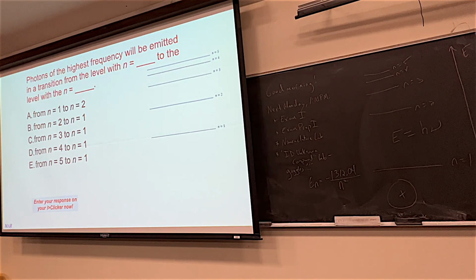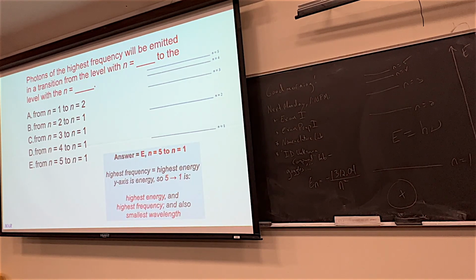You want the biggest energy gap. And of those, the 5 to 1 is the biggest arrow. Going from here to here would be the biggest arrow, all right? That's the biggest delta E, and the biggest delta E is proportional to the biggest frequency. So it's all coming together. It would also be the smallest wavelength if you wanted to go there.